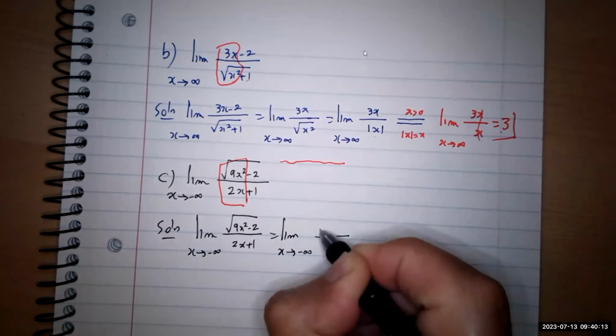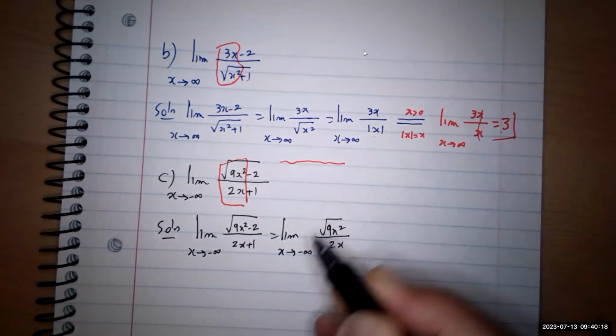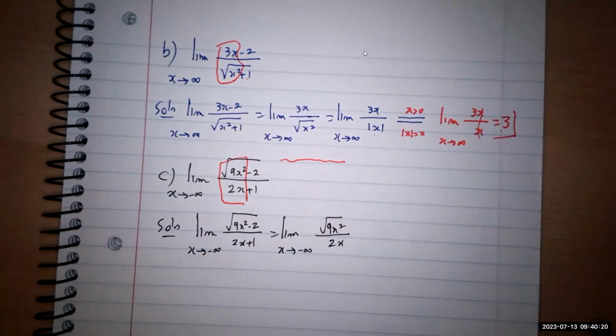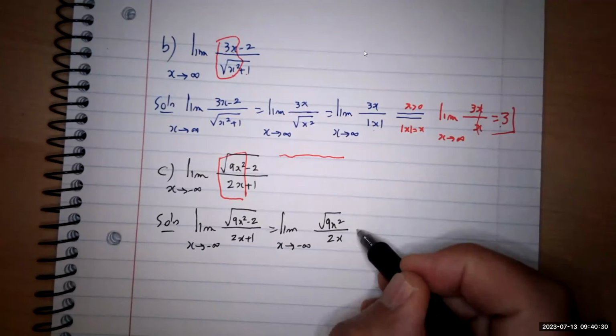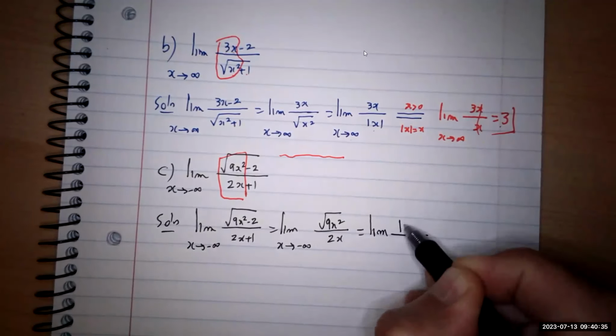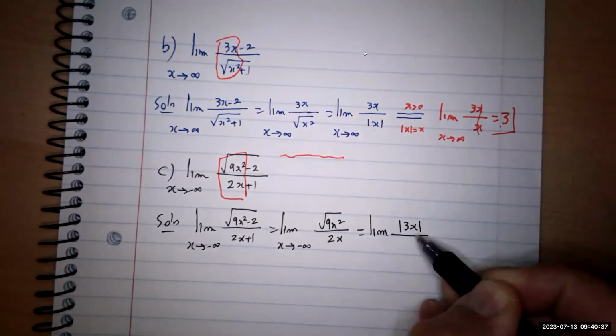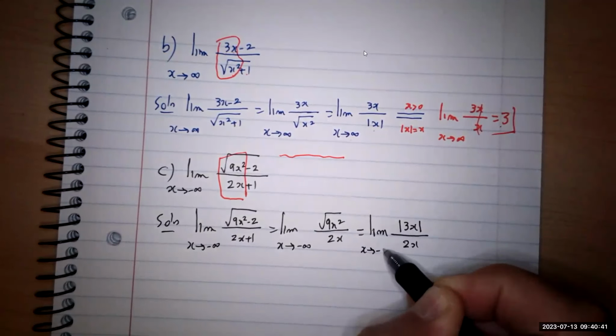Now the top would be the radical of 9x squared, over 2x. These are the big O notations that I introduced for you the other day, in computer science if you like. The big thing is the top: you take the square root of 9x squared, but you have to use the absolute value again. It's the absolute value of 3x over 2x, as x goes to negative infinity.